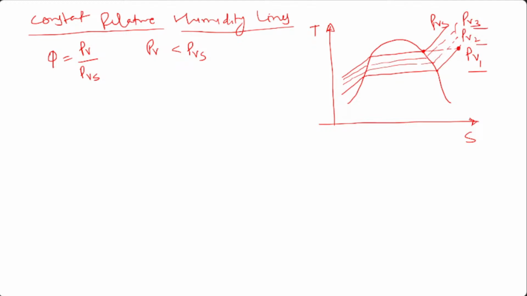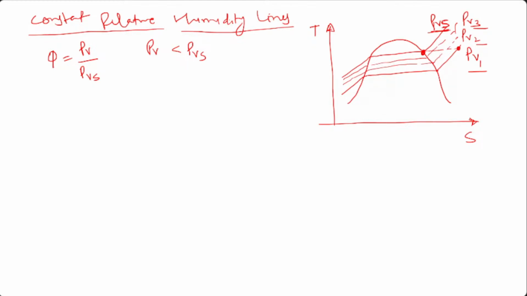And lastly, this is your PVS. And what is PVS? PVS is the saturation vapor pressure of the vapor part in the total moist air. Okay, and for this condition, what is the relative humidity?